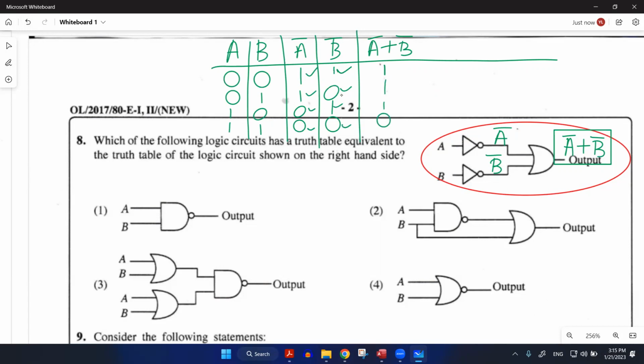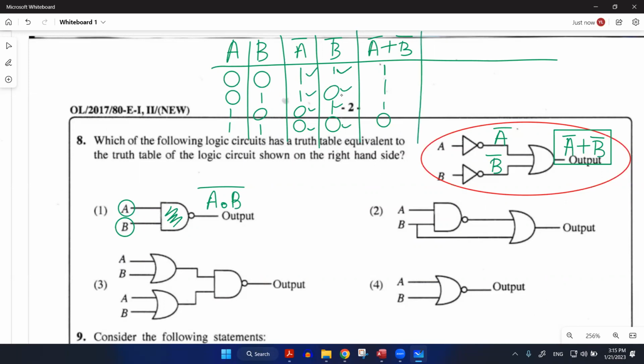Now I need to figure out which circuit is going to tally with this. I'll start from the first one. This is A, this is B, and this is a NAND gate, so that gives us the output (A dot B) whole bar.